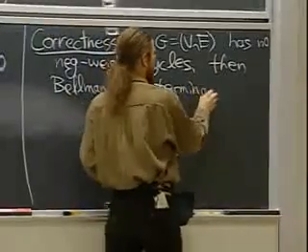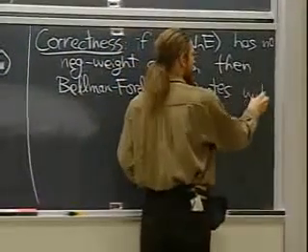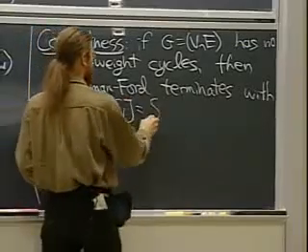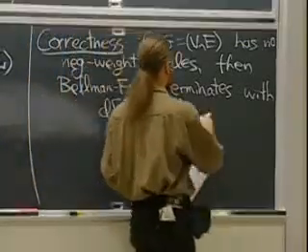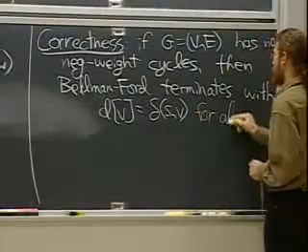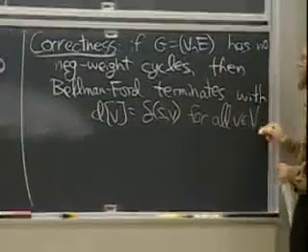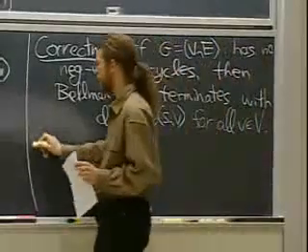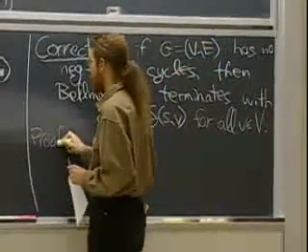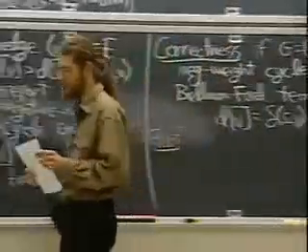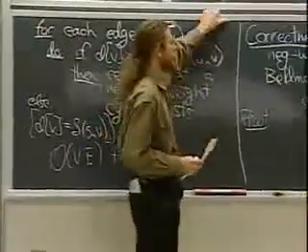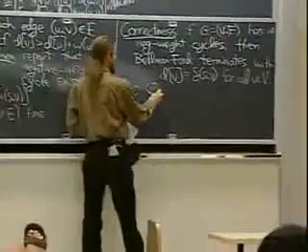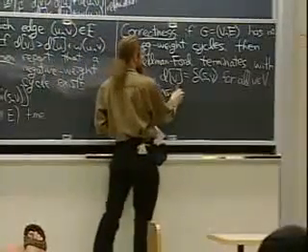So Bellman-Ford terminates with all of these d of v values set to the delta values for every vertex. Okay? The proof is going to be pretty immediate, using the lemmas that we had from before, if you remember them. So we're just going to look at every vertex separately.